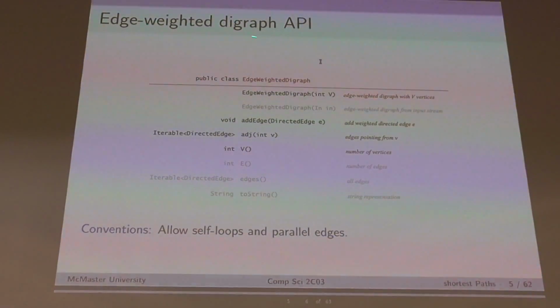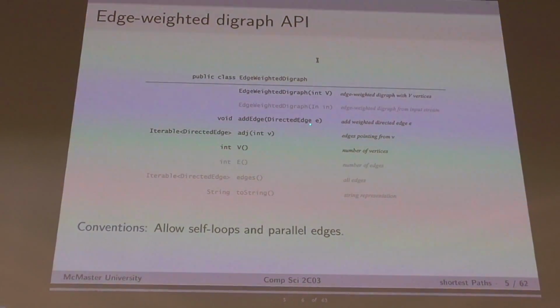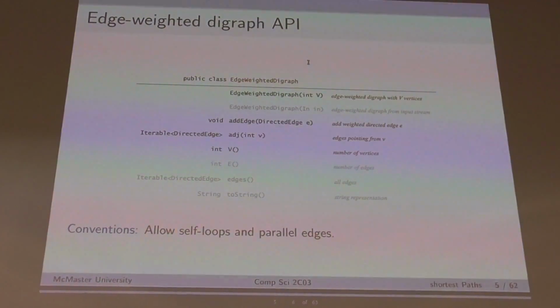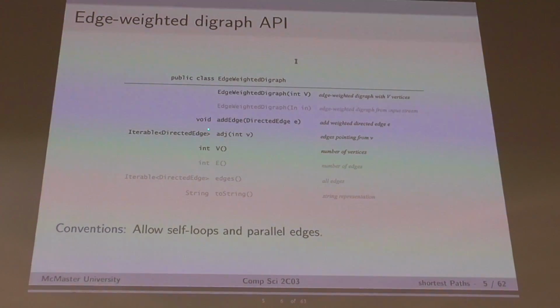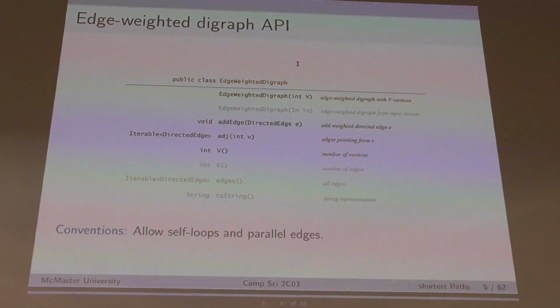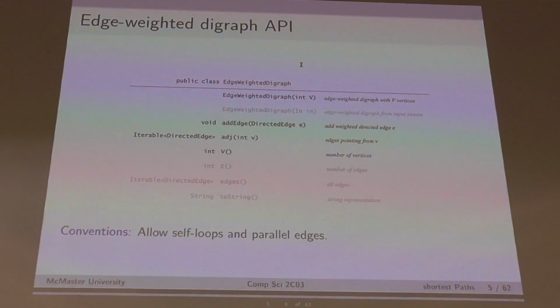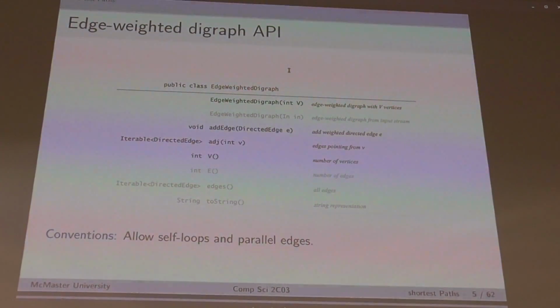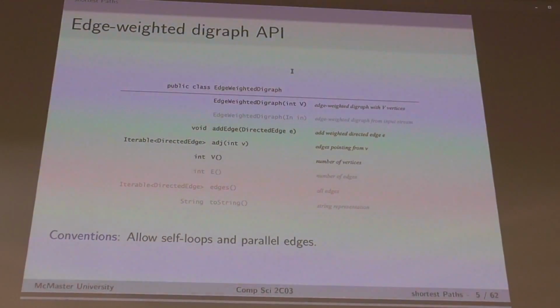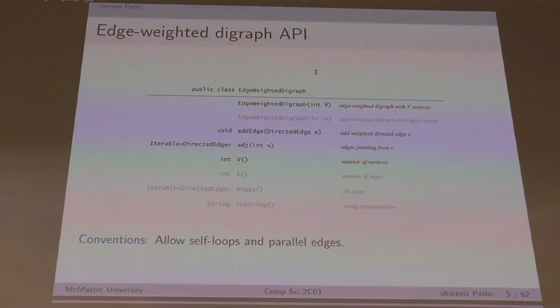The edge-weighted digraph is composed, of course, of a collection of directed weighted edges. We have an adjacency function in the same way that we've had adjacency functions before. It just tells you all of the vertexes which are adjacent to the vertex that you are considering.